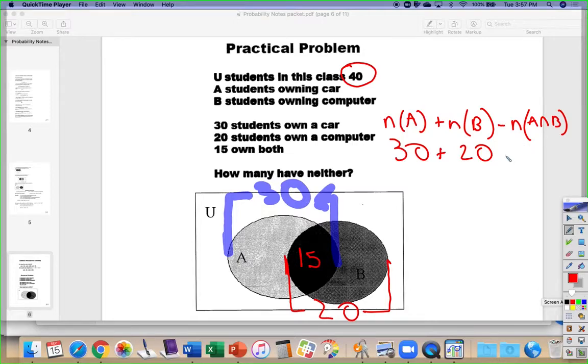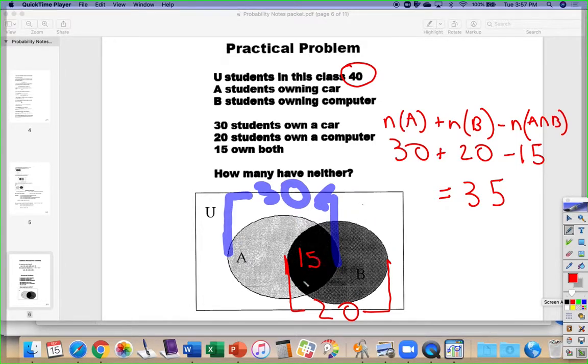There's 15 people that are in this 30 and 15 people that are in this 20. So I need to subtract 15 once so that they're still counted one time. So 30 plus 20 minus 15 gives me that 35 total people in this group.